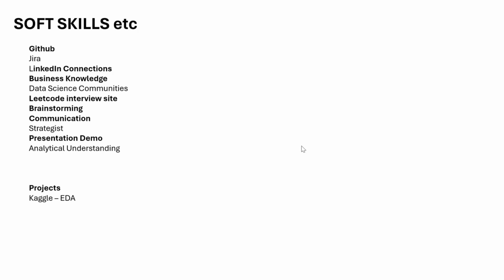And then I've listed some other things for soft skills. It's not just about the technical skills. There will be a lot of Zoom meetings. There will be a lot of communication, brainstorming, understanding the problem, having business knowledge. You have to be a great communicator.